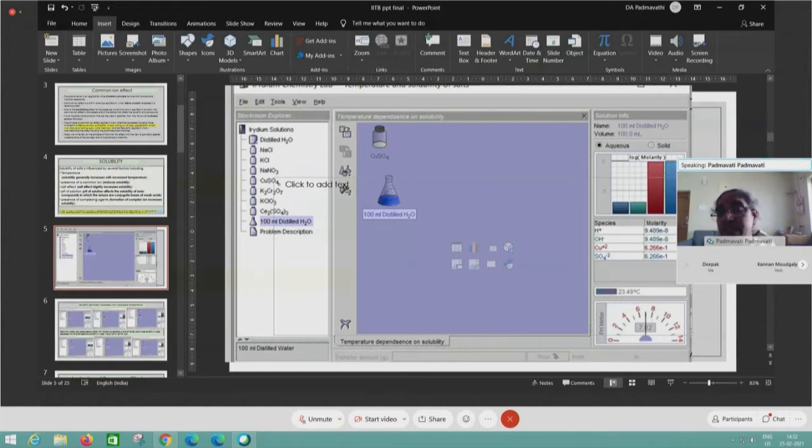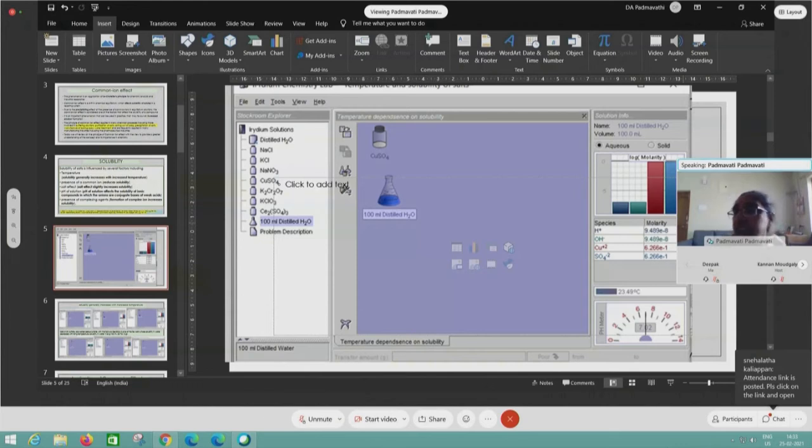If we are dealing with H plus ions, then you can also note what happens to pH. Here, when I added copper sulfate to distilled water, you can see how many copper ions are there, how many sulfate ions are there, and what the molarity is. Concentration is reported. You can also click this button, which will report the concentration in other units. Okay, I will just close this.